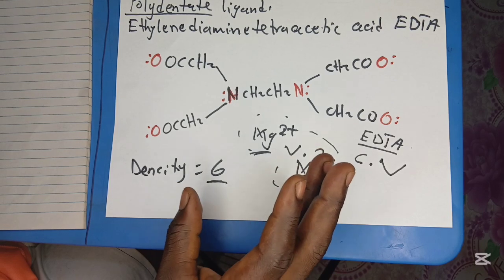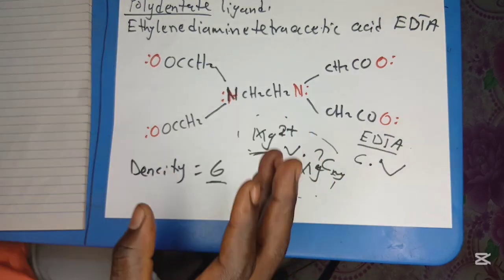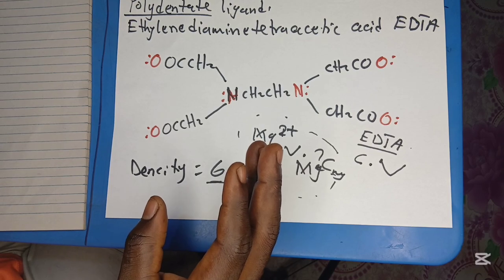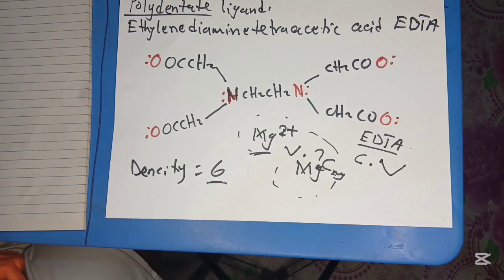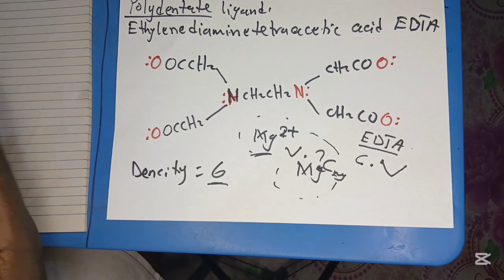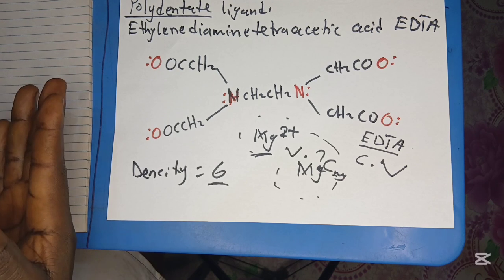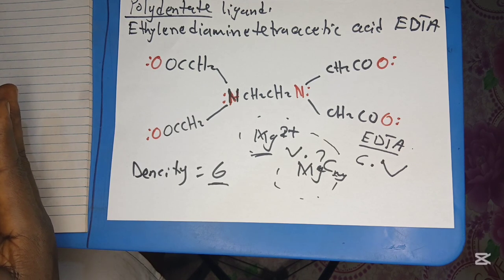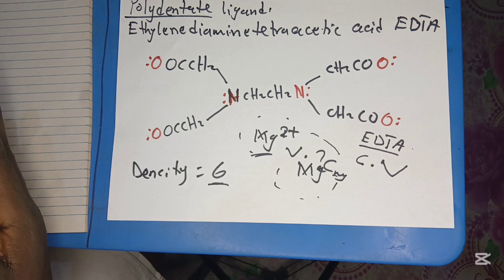Another way EDTA is applicable is in the medicinal area. Chelating agents like EDTA are used to treat metal poisoning by binding to the toxic metal ions and preventing them from interacting with vulnerable biological components. I think this one is very understandable.